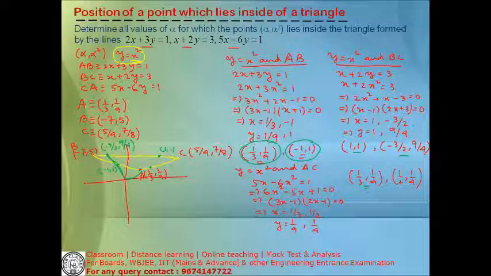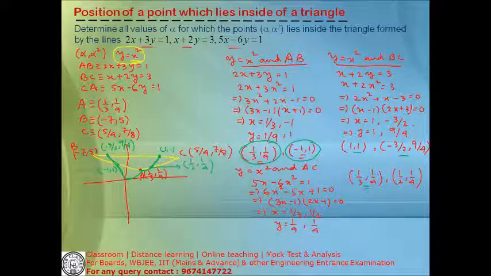The parabola will pass something like this, it's passing through this and this. If you draw this triangle properly, you will get the exact figure. But it is understandable that the parabola is passing through this point as well as this point, and this point is nothing but half comma 1 by 4, and this is 1 comma 1, right?